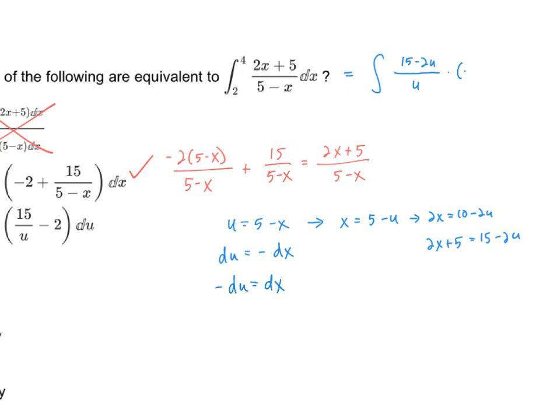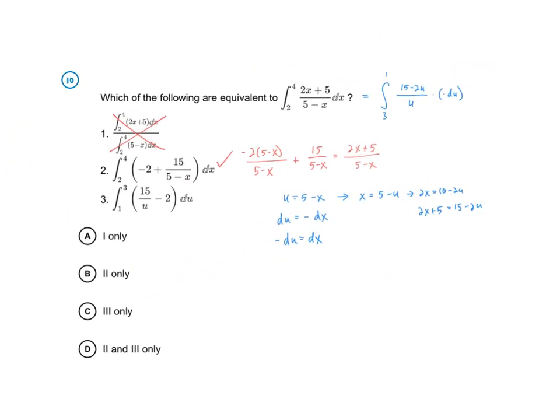That's what we'll times negative du. Okay, and then now to plug in the limits. So these x limits are x equals 4 and x equals 2. And we can see if x is 4, u is 1. So that's the upper limit. And then if x is 2, u is 3.